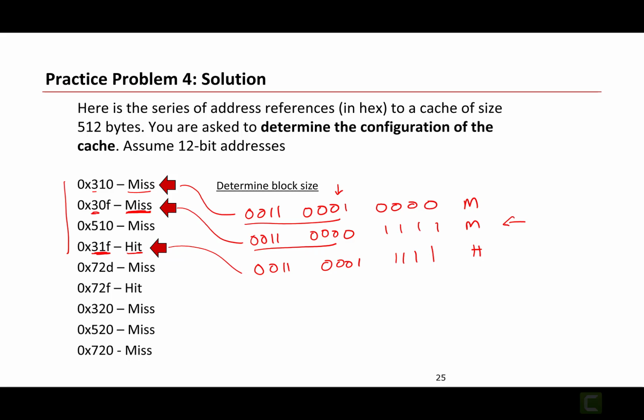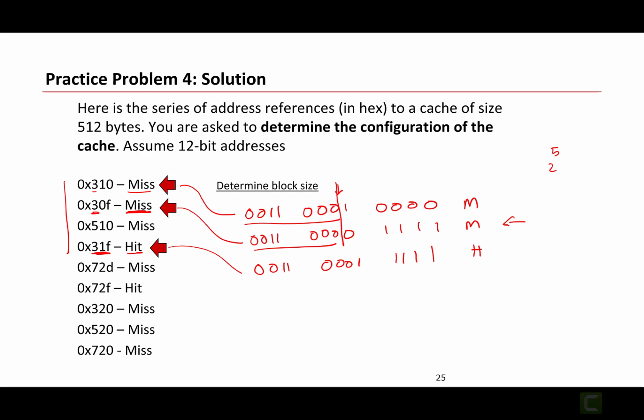Now if I had chosen, let's say, a block of size 2 to the power of 5, meaning my block offset is 5 bits, then I would draw the partition here and say, well, my tag is going to be whatever it is to the left, and you will notice that the tag is exactly the same. So if the tags are the same, then I would have observed a cache hit because they are next to each other.